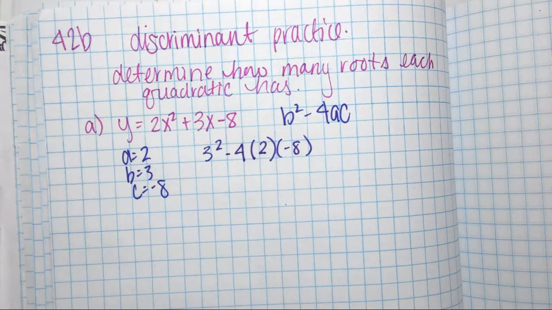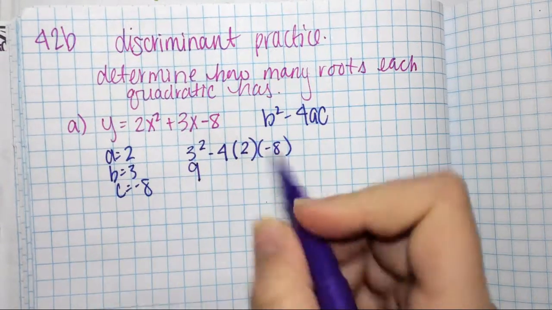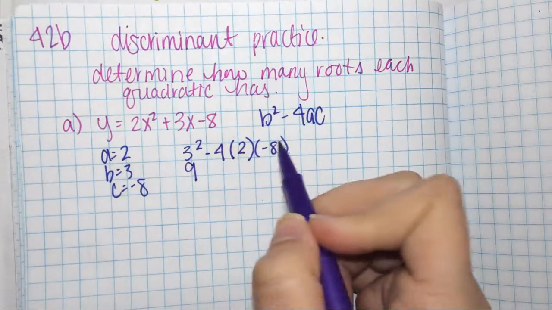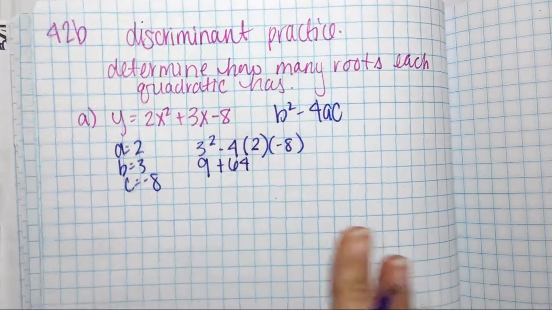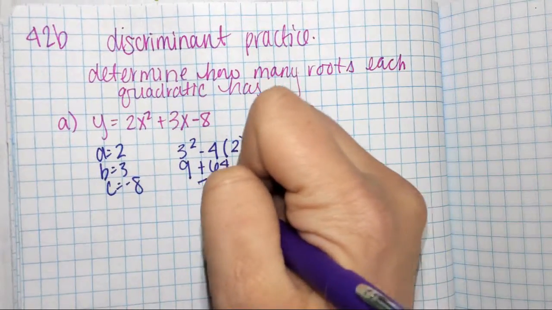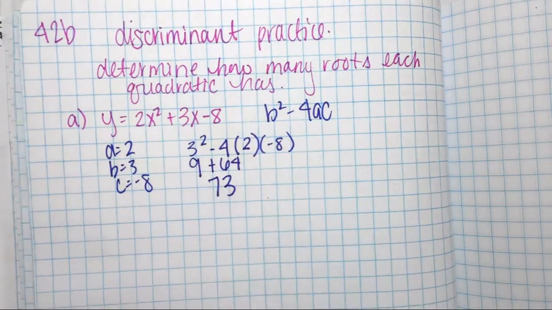All right, what's 3 squared? What is negative 4 times 2? And what's negative 8 times negative 8? 64. Positive 64. Okay, what's 9 plus 64? 73.